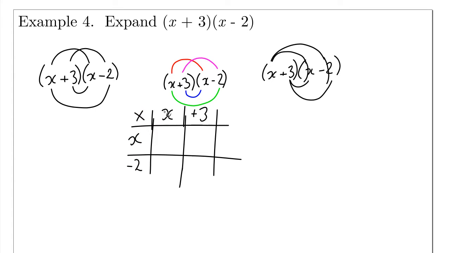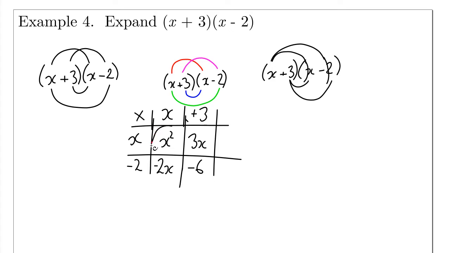What you now do is multiply each of the terms in the column and the rows to get some terms here. So x times x is x squared, x times minus 2 is minus 2x, plus 3 multiplied by x is 3x, and finally 3 multiplied by minus 2 is minus 6.